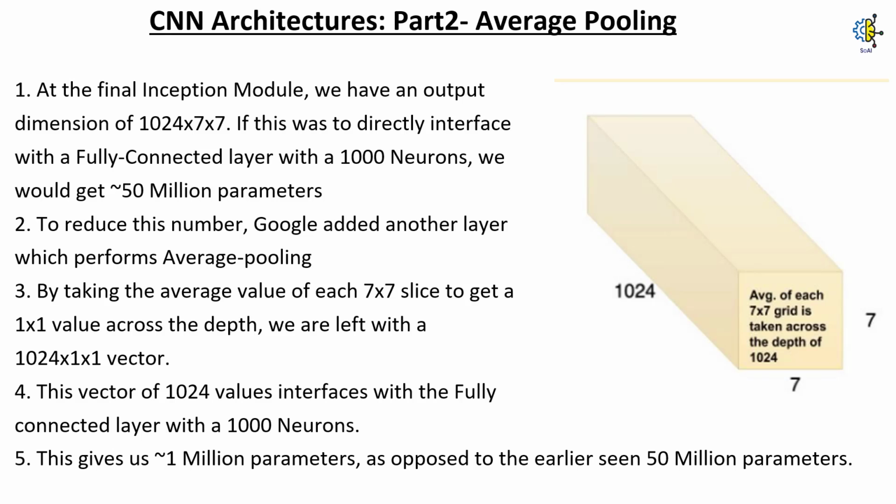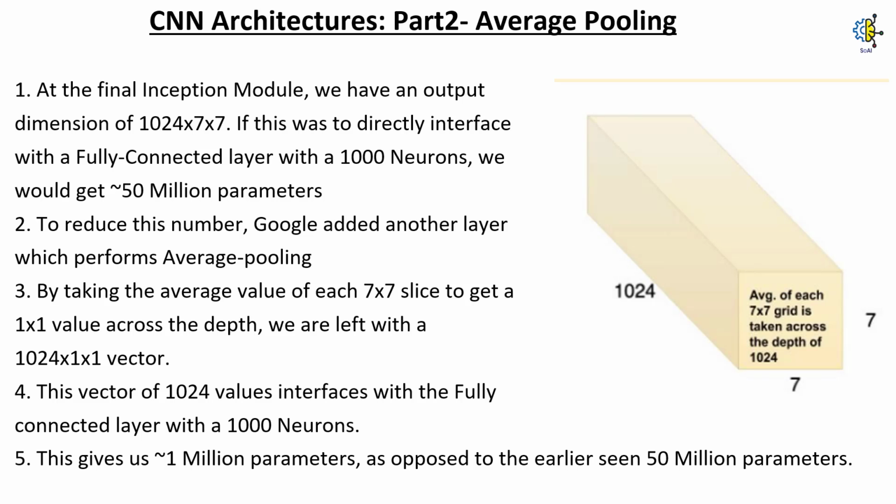Average pooling. At the final inception module, we have an output dimension of 1024 by 7 by 7. If this was to directly interface with a fully connected layer with 1000 neurons, we would get 50 million parameters. To reduce this number, Google added another layer which performs average pooling by taking the average value of each 7 by 7 slice to get a 1 by 1 value across the depth.